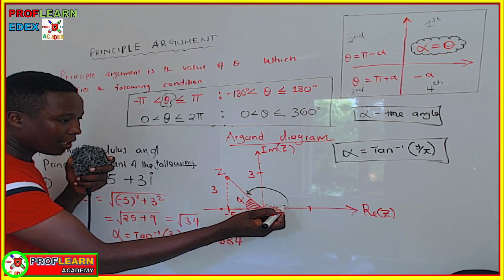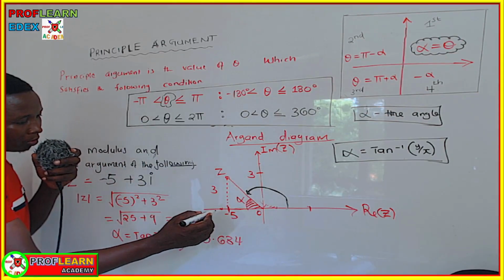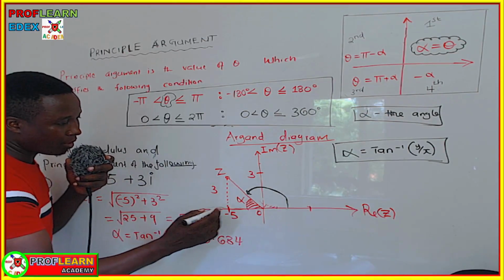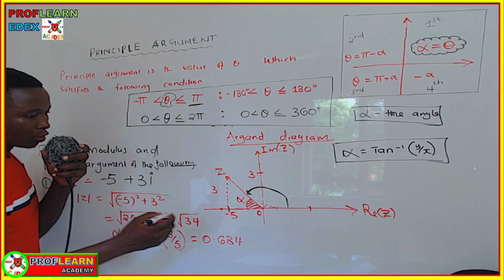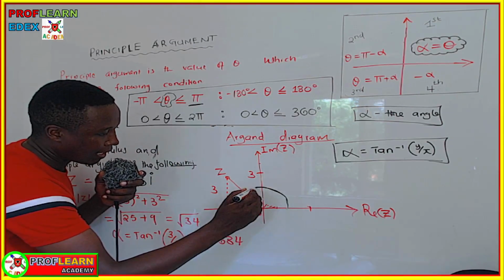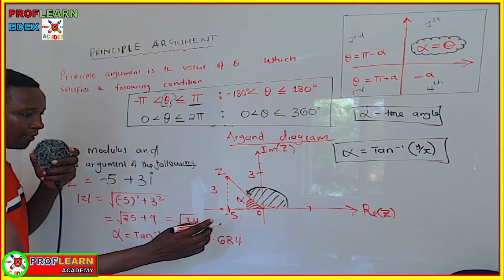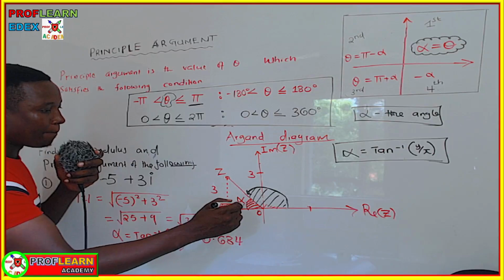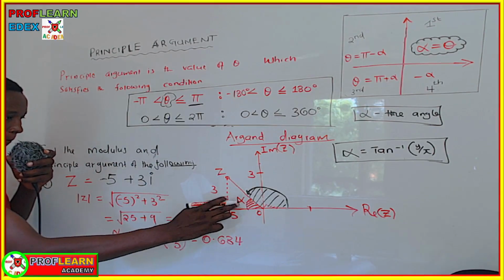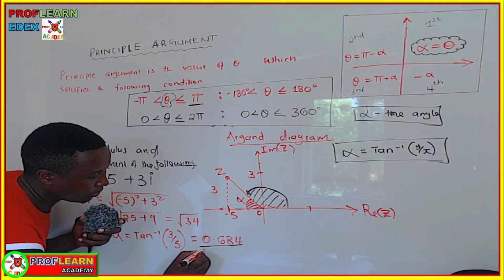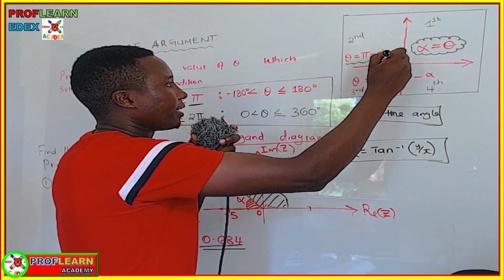All along this line we have 180 degrees, which is equivalent to pi radians. So to get the angle remaining in this section, we say pi minus alpha, pi minus this angle that we have here.